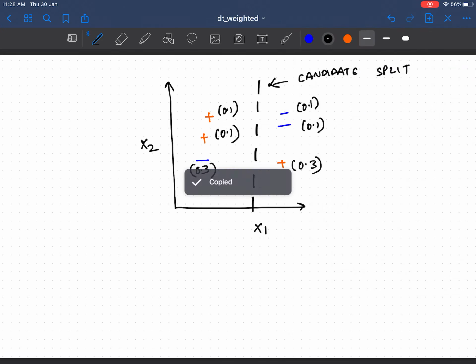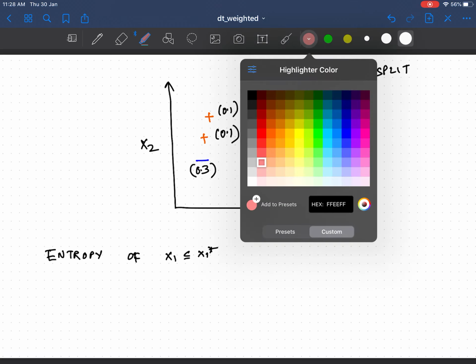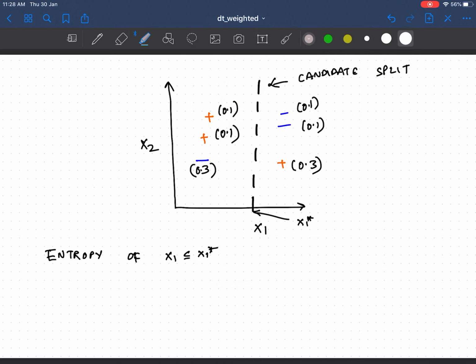Let's try to calculate the entropy of the left-hand side. Let's call the split point x1 star. Entropy of the set x1 less than or equal to x1 star, which we can also highlight as this particular region, just to ensure that all of us are on the same page.